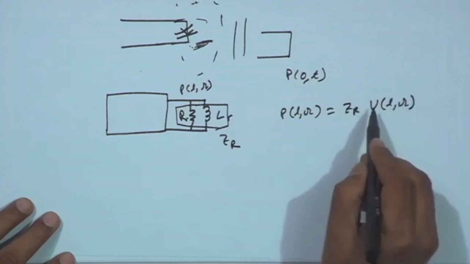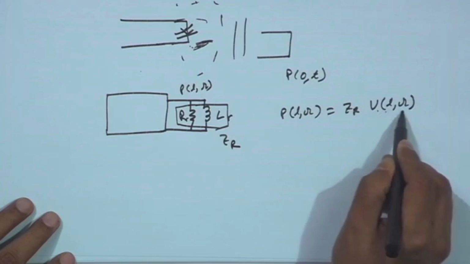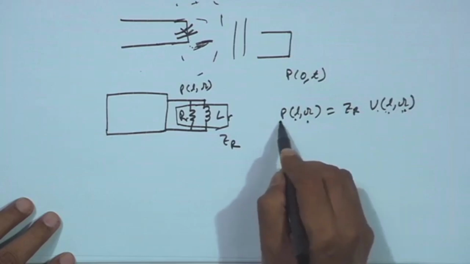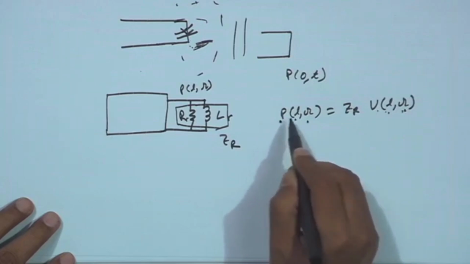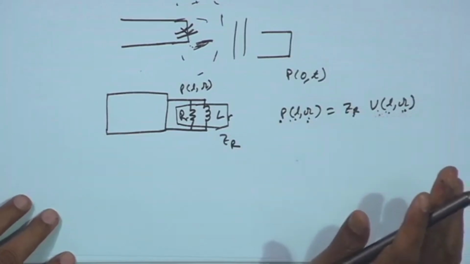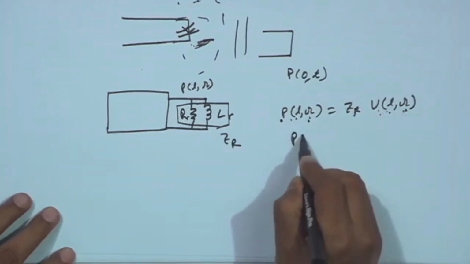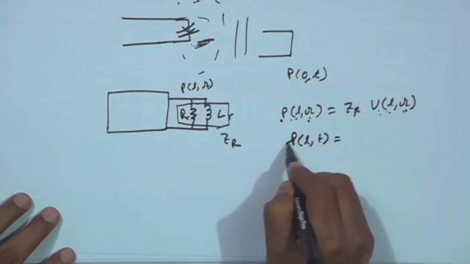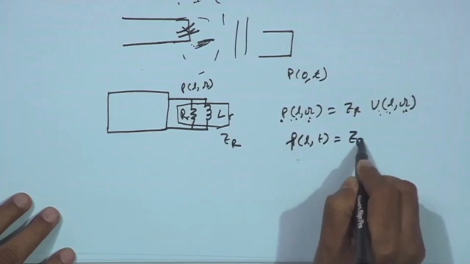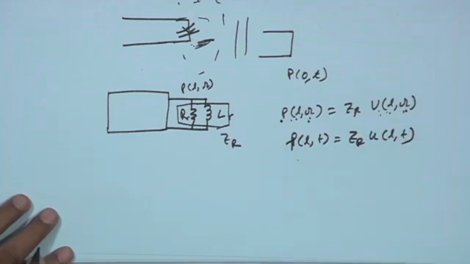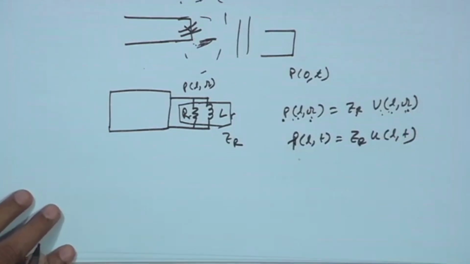I am writing capital U and capital P, with L for the length and omega for frequency instead of time, so this is the frequency response. P_L(omega) equals Z_R into U_L(omega), or in time, small p_L(t) equals Z_R into u_L(t).